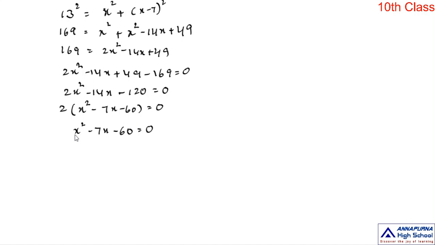Multiply the constant and the x square term, minus 60 into x square, minus 60 x square, and find the two factors whose sum is equal to minus 7x. Here the two factors are minus 12x, 5x.